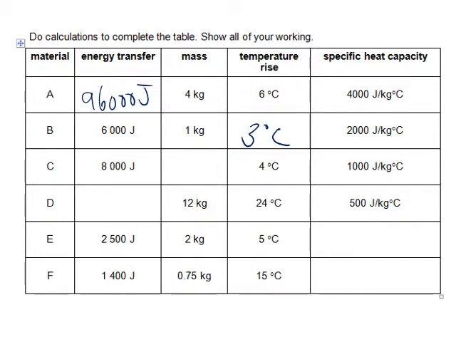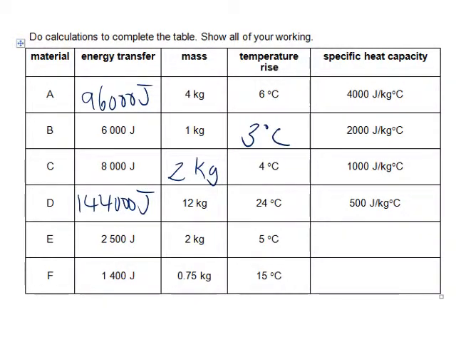Next one, we want to work out the mass. So it'll be Q divided by C times delta T, so it'll be 1,000 times 4, 8,000 divided by 4,000 should be 2 kilograms. Next one will be the Q equals MC delta T equation, so it'll be 12 times 24 times 500, so 144,000 joules. Quite large, but we have quite a lot of mass, 12 kilograms.